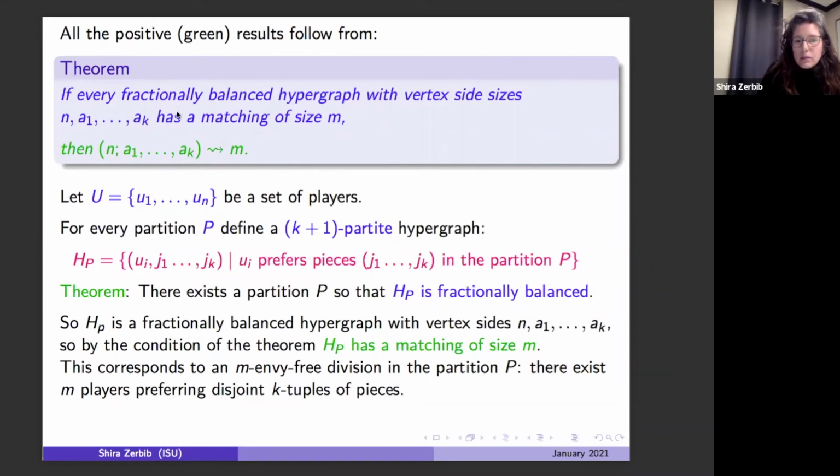So by this blue condition of the theorem, it has a matching of size m, and such a matching corresponds to an envy-free division of the cakes in the partition P, right? There exist some m players preferring disjoint k-tuples of pieces, like before.